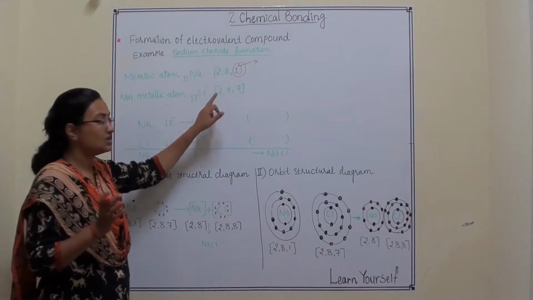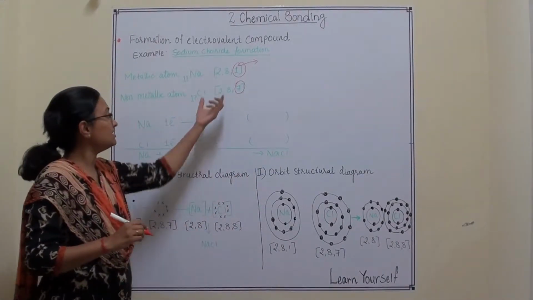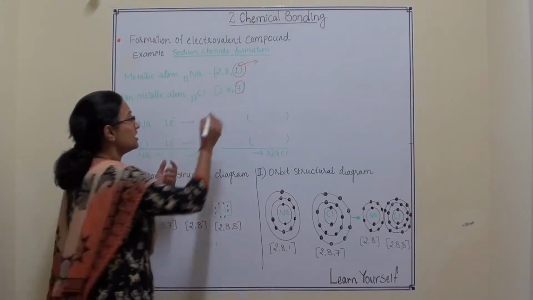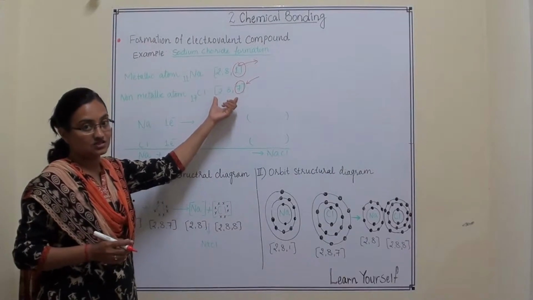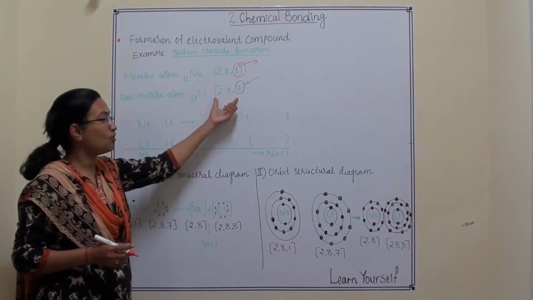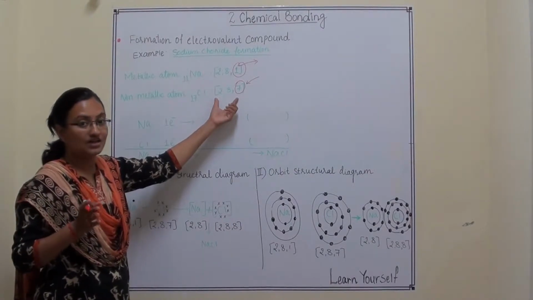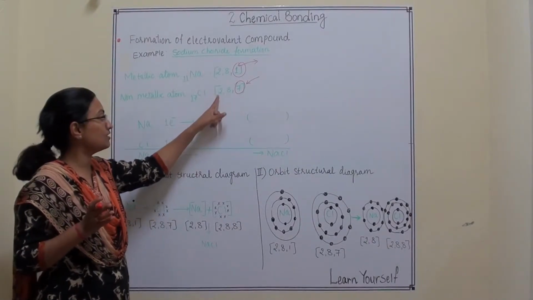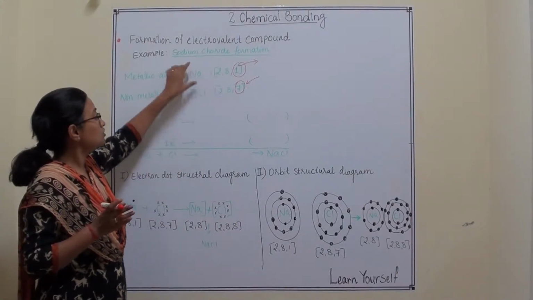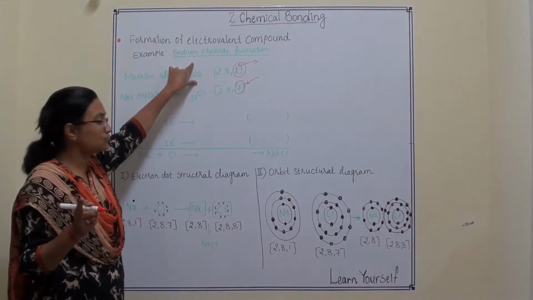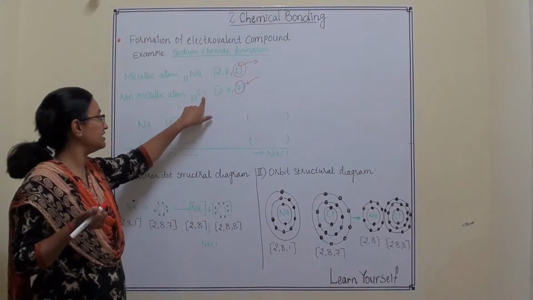Whereas chlorine has 7 valence electrons and will gain 1 electron to form a stable electronic configuration just like argon, whose atomic number is 18 and electronic configuration is 2, 8, 8. In turn, sodium will give one electron and chlorine will gain one electron.